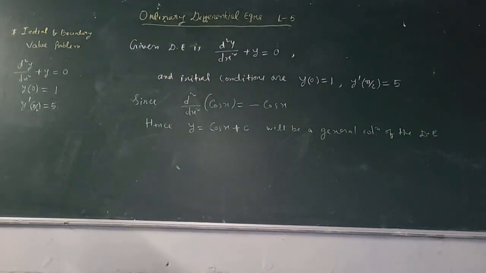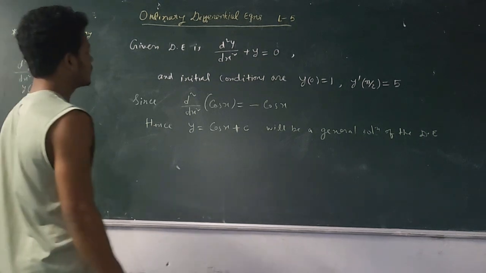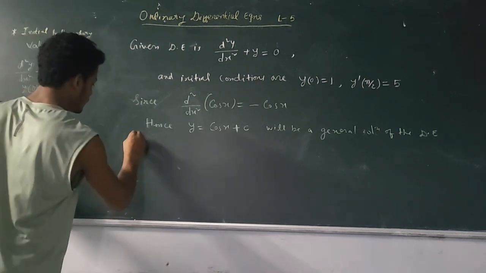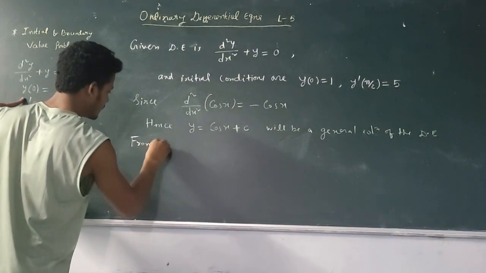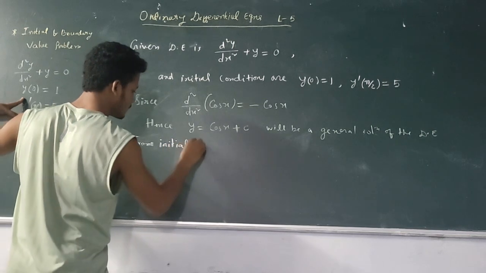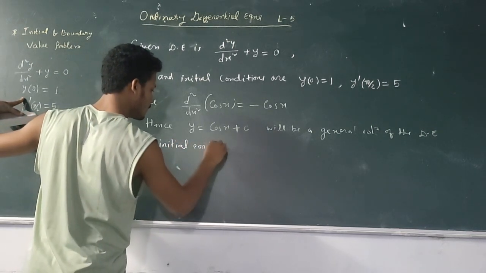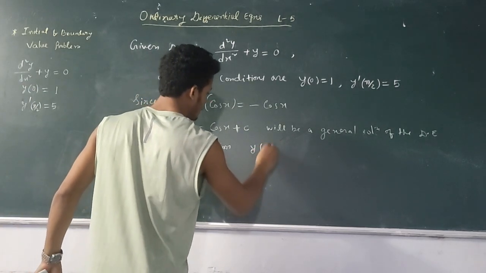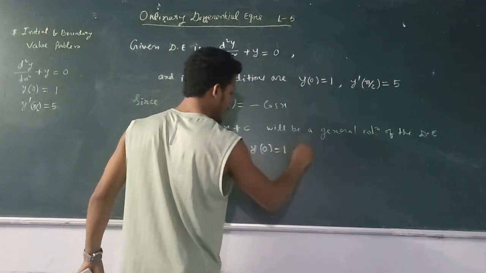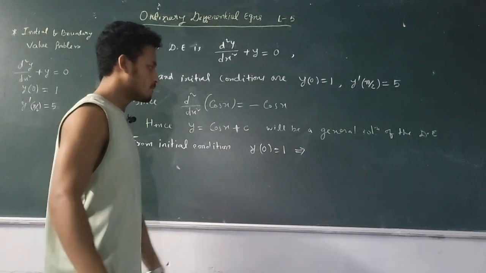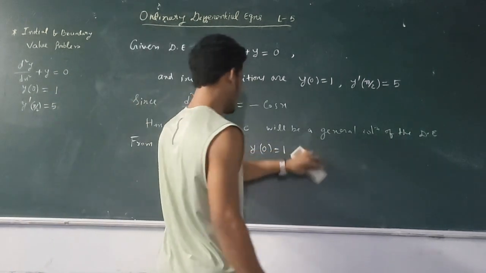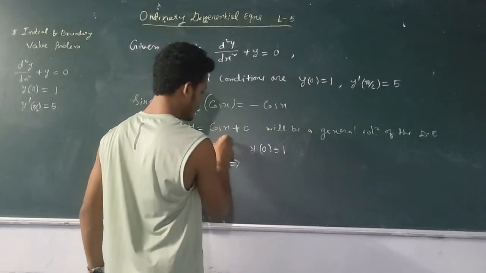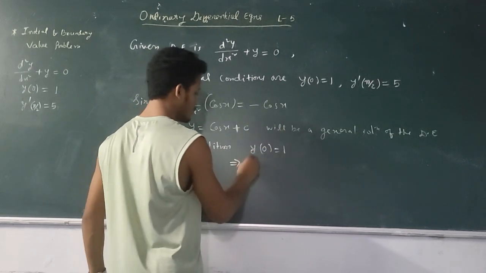Now, apply this initial condition. From the initial condition, y of 0 is equal to 1. This will imply, put the value of x is equal to 0.